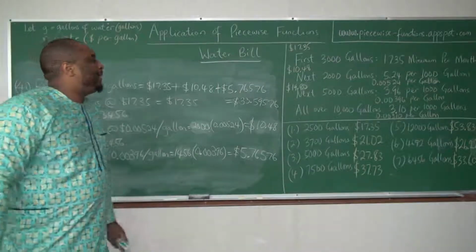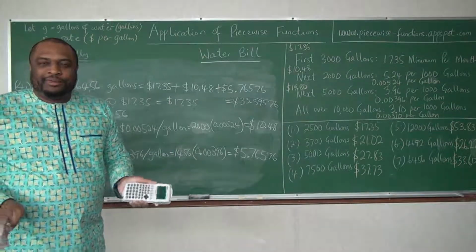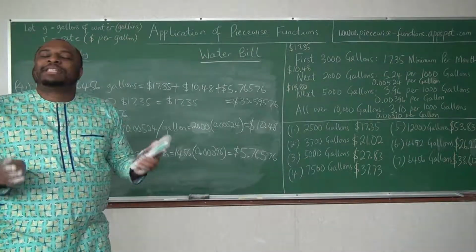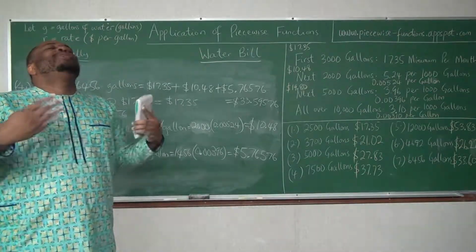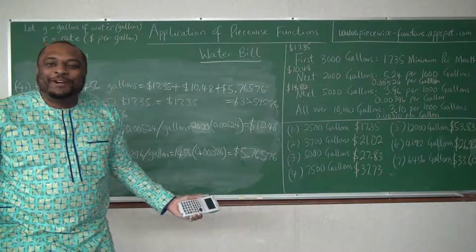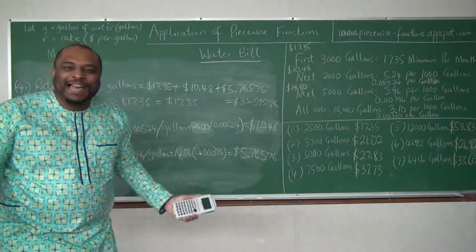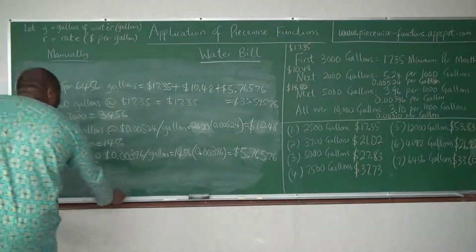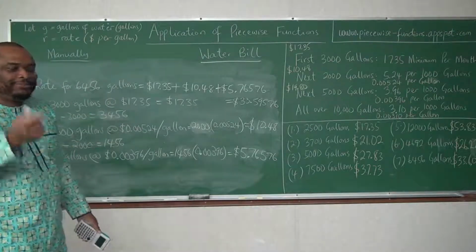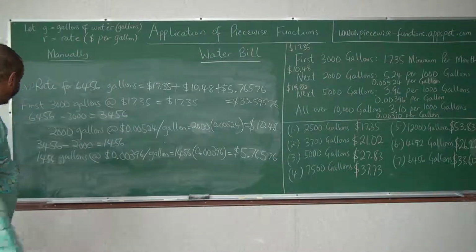Now we'll write the piecewise function and you see how it's simpler. Then when you write a computer program, it is much simpler. You need to learn coding, a programming language. You just put it in the calculator and it gives it to you.